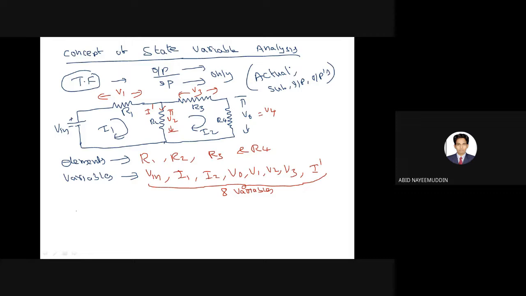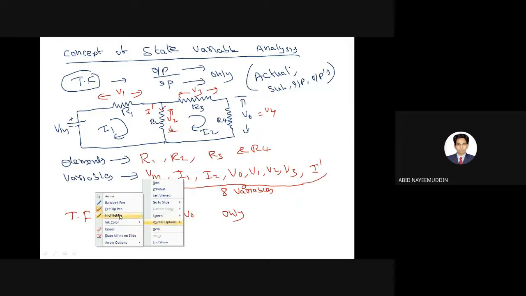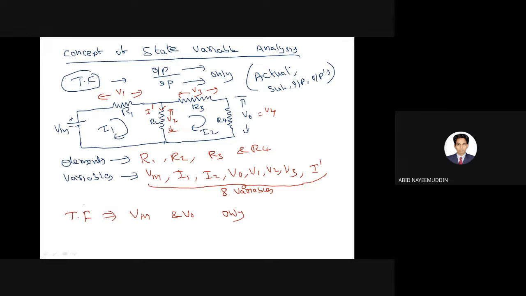So with the concept of transfer function, after writing the equations, you eliminate the unwanted variables. You are going to get the relationship between Vin and V0 only. It means that using the transfer function, you can get the information between final output and initial input.